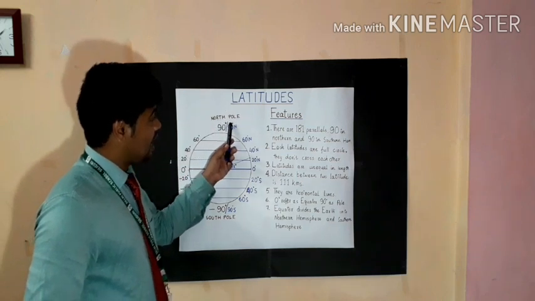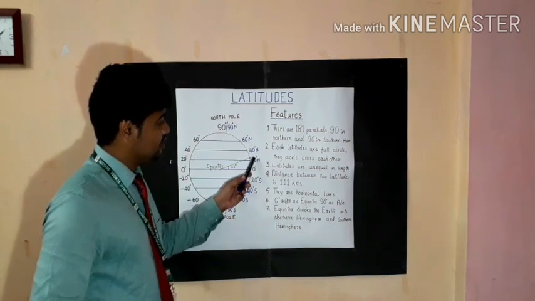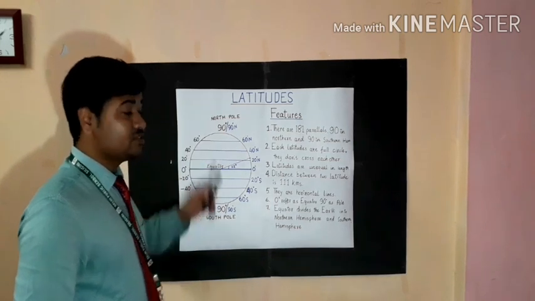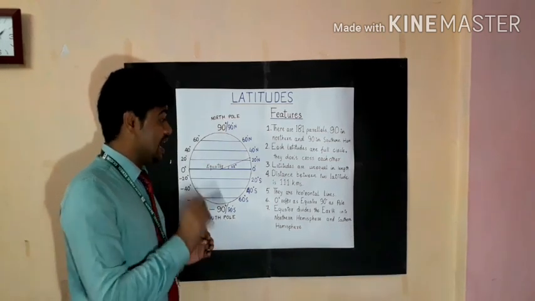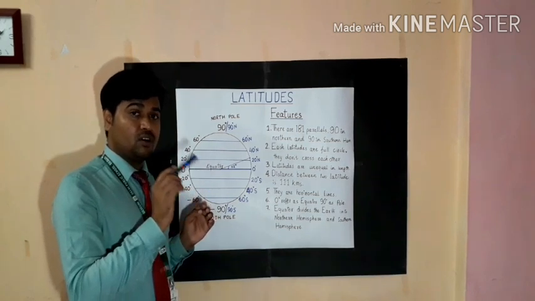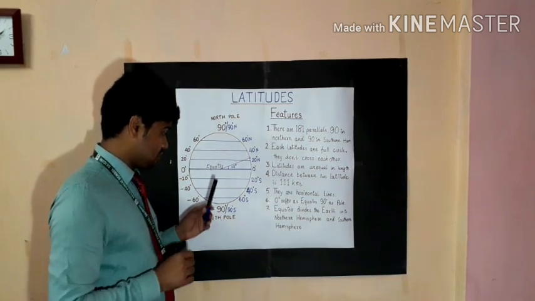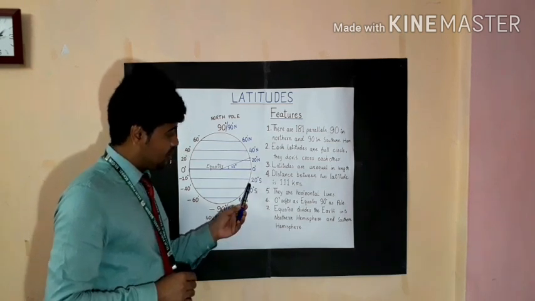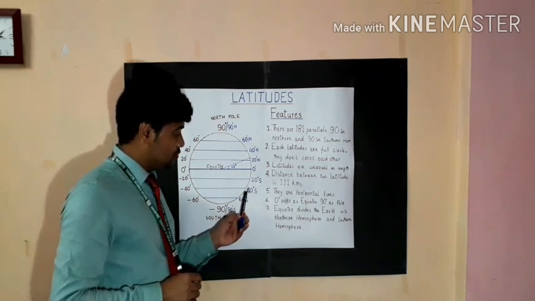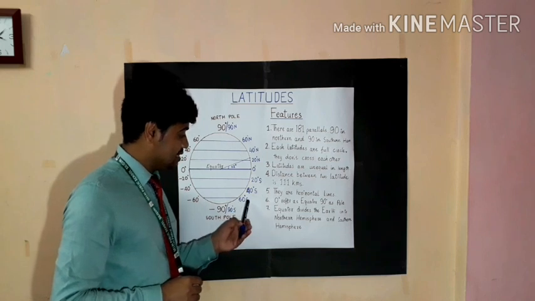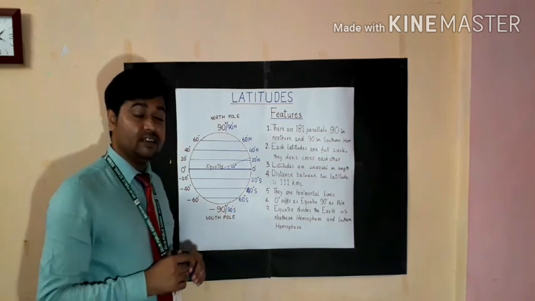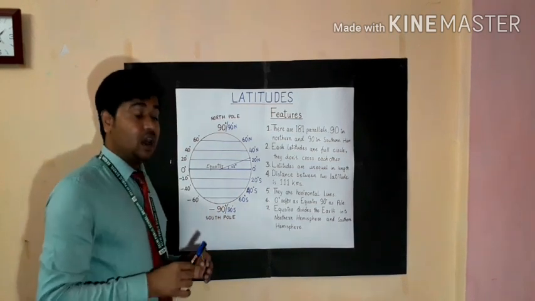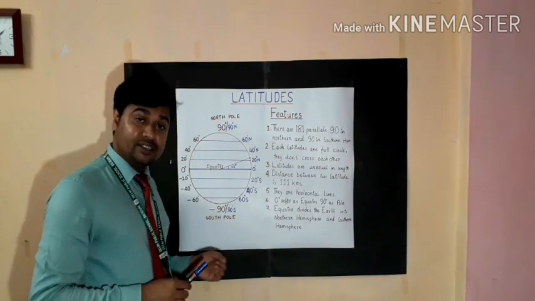That's why I have marked it as 20 degree N. We can mark it as north of the equator. Now on the other hand, these latitudes I have marked as 20 degrees south, 40 degrees south, 60 degrees south and 90 degrees south, because these latitudes lie in the southern hemisphere.